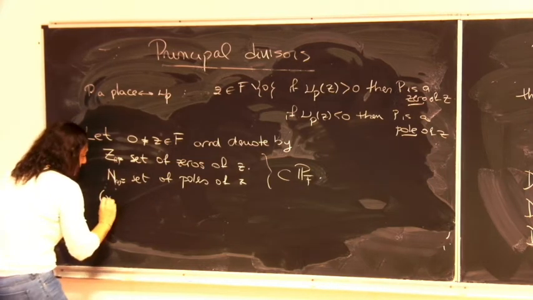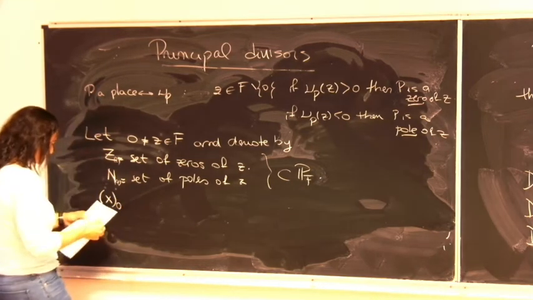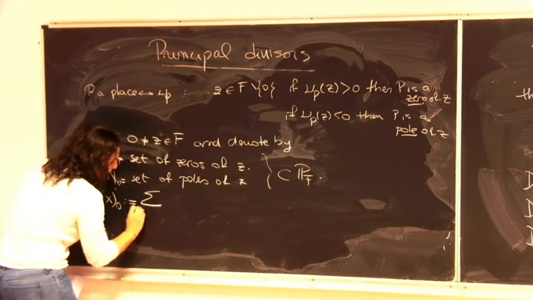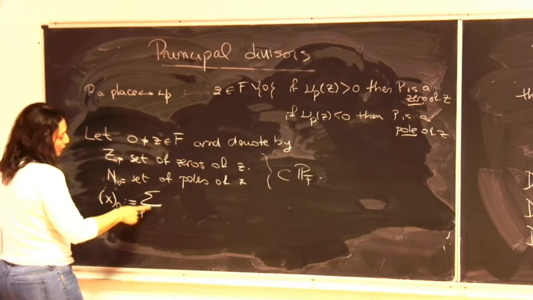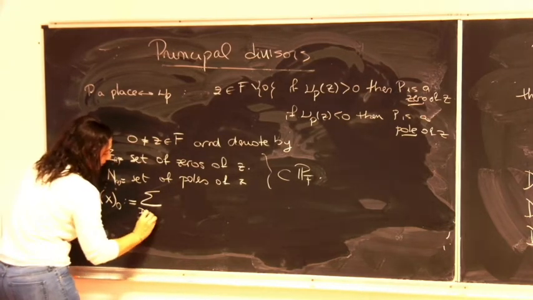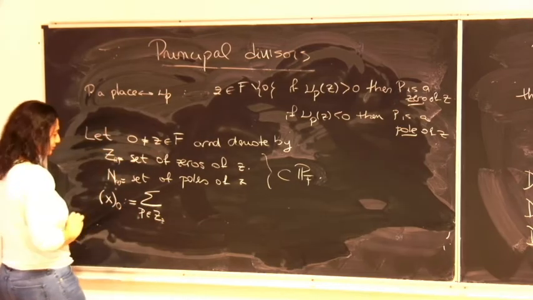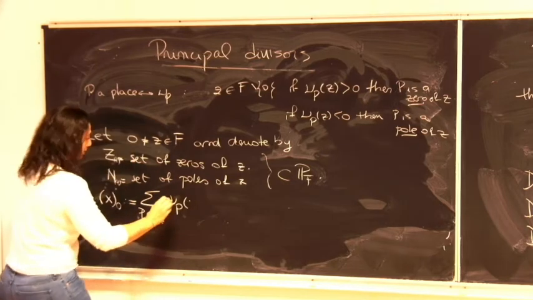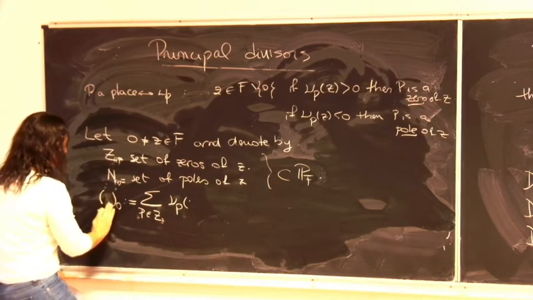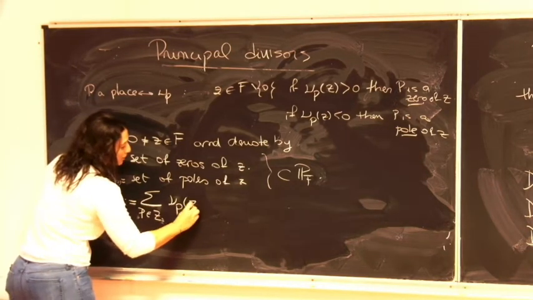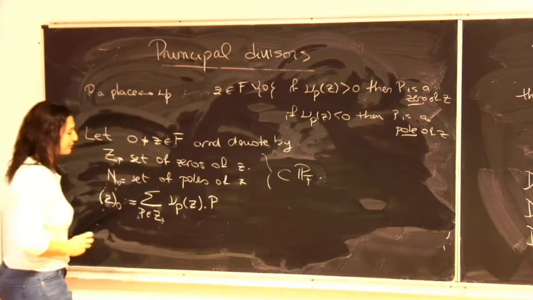So the zero divisor of an element is defined as the sum, going through all the places inside the zero set, of the valuation of this element times the place.